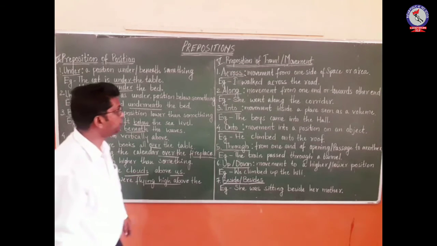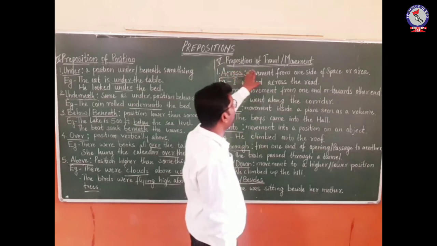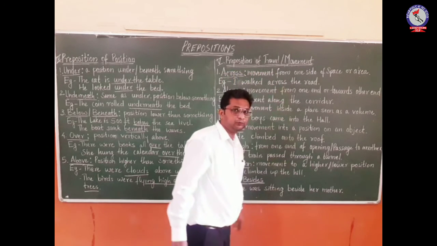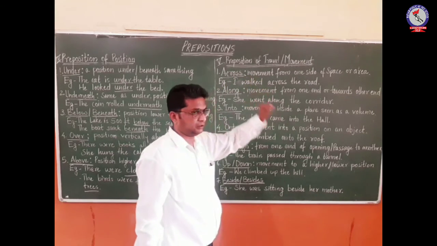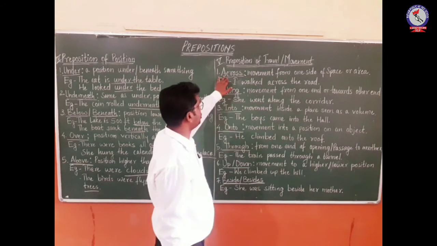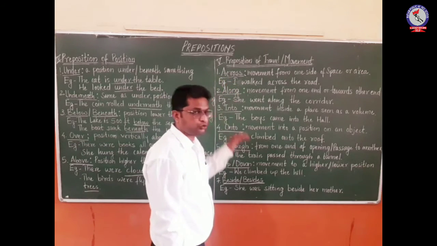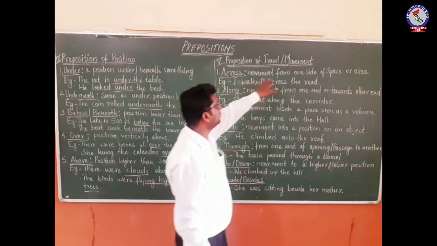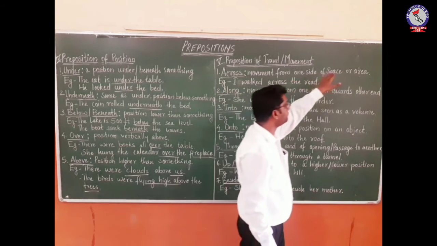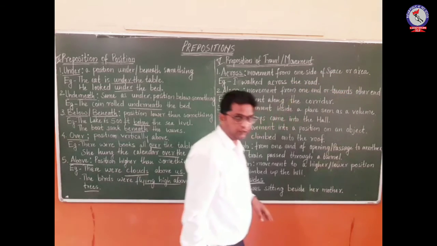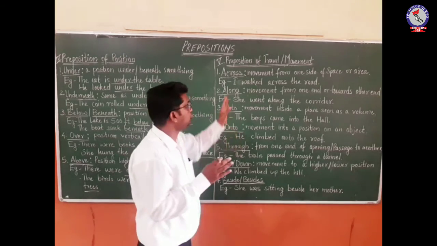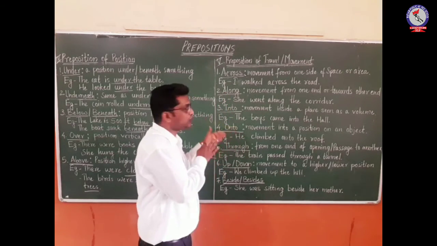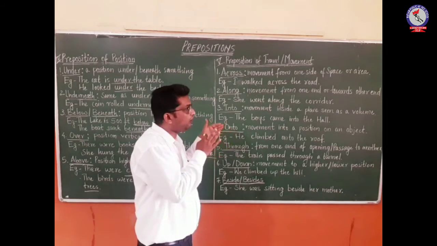See the next preposition, prepositions of travel and movement. First we have across. It is used to show the movement from one side of a space or area.